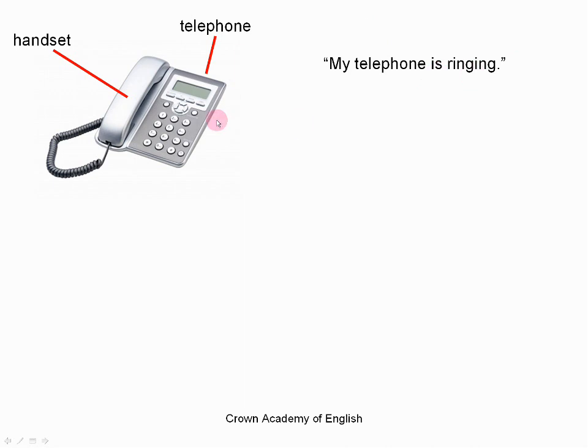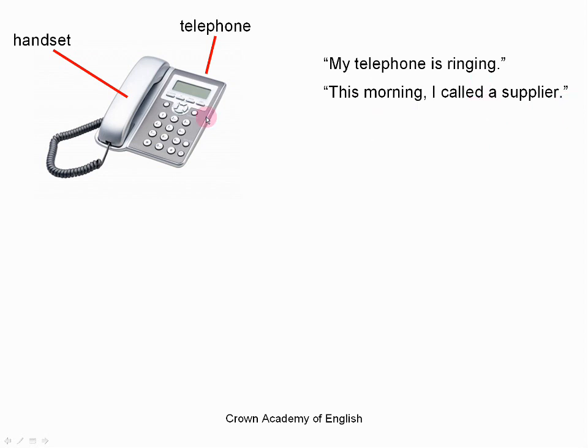And when you want to use your telephone to contact somebody, to speak to somebody, you can say that you call somebody. So we can say, for example, this morning I called a supplier.